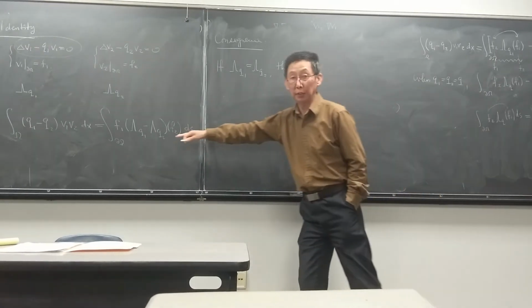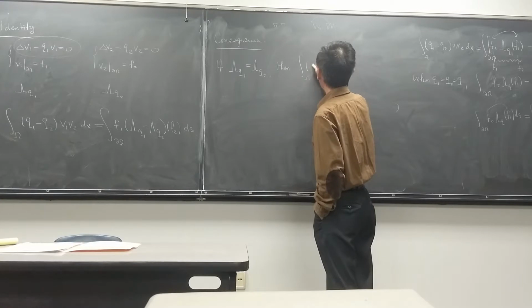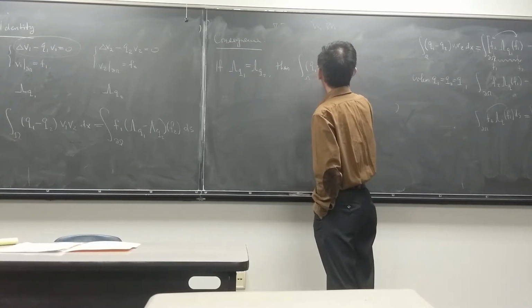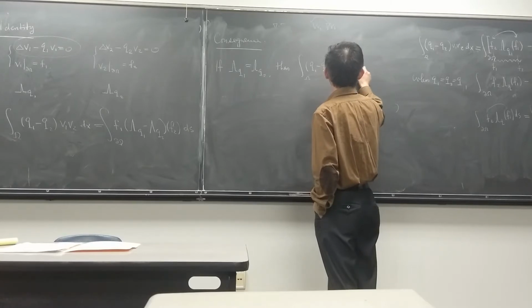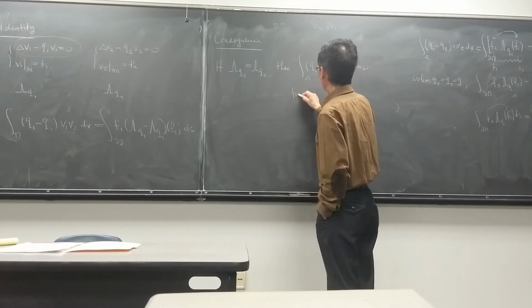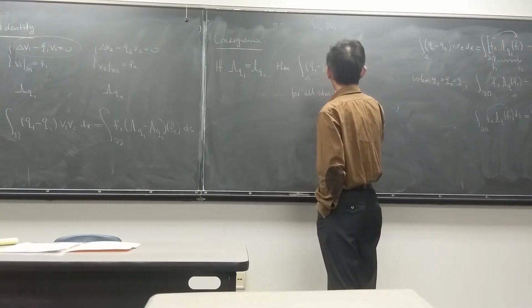Then the right side becomes 0, right? So this means that the integration of Q1 minus Q2 times V1 V2 equals 0 for all solutions V1, V2.